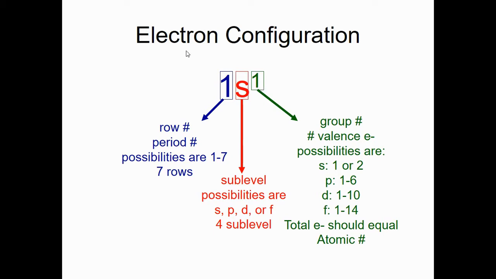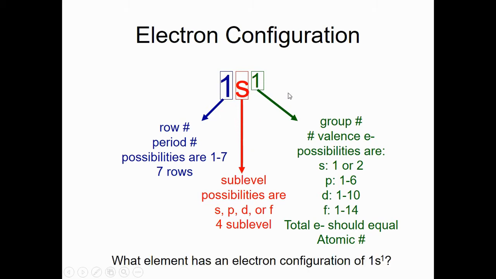Okay? So if we were to look at this element, let's pull out our periodic table. We are looking to see which element this is. Which element has an electron configuration of 1s1? So which element is in the first energy level, is in an s orbital, and has a total of 1 electron.